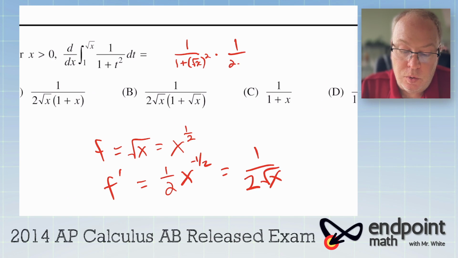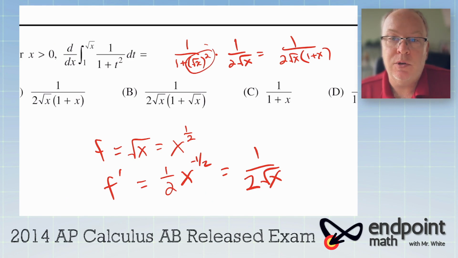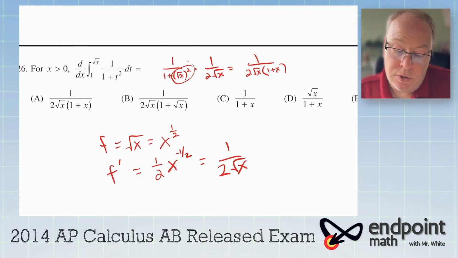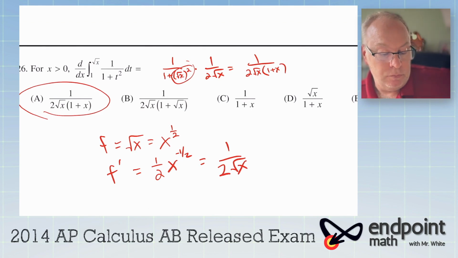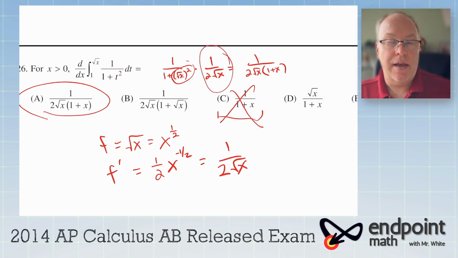So the final answer is 1 over 2 radical x times 1 plus x, because when you square a square root, you get that. Do you see that answer there? I do. I see it right here on A. All right, cool. I think a lot of students would accidentally say C because they would have forgotten to tack on that derivative, to multiply by the chain.